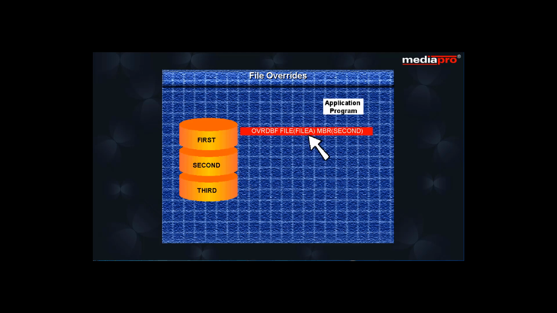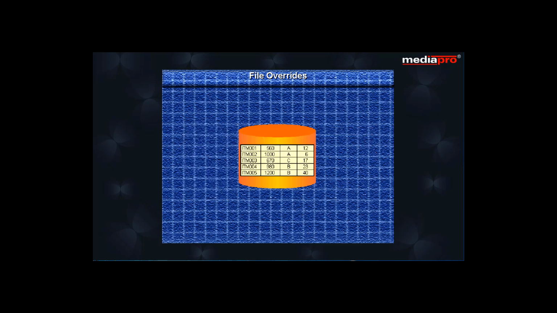In the file parameter, we specify the name of the file to be accessed. In the member parameter, we specify which member in the file is to be opened. Consider another example. To position the file pointer at the last record in the file, we can set the position parameter in the override database file command.